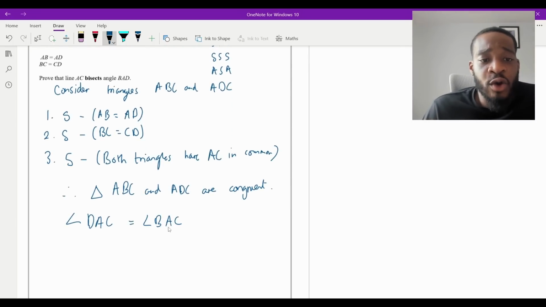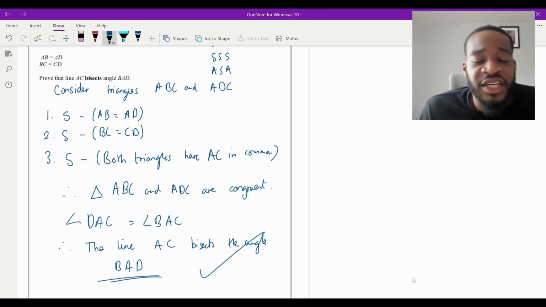And now since these two angles are the same, that must mean, therefore, the line AC, whoops, sorry, I wrote AA. The line AC bisects the angle BAD.